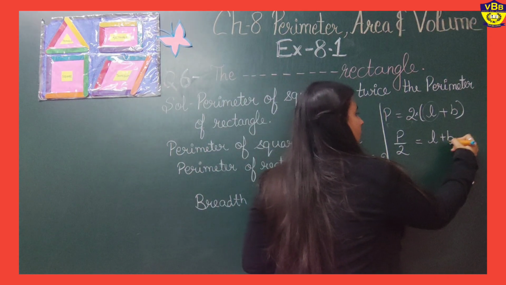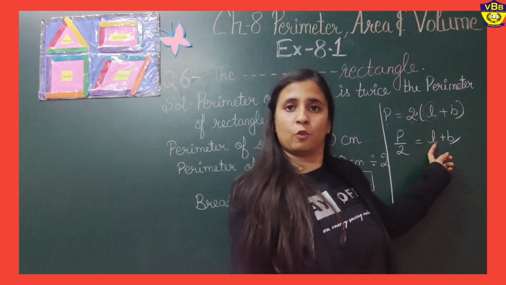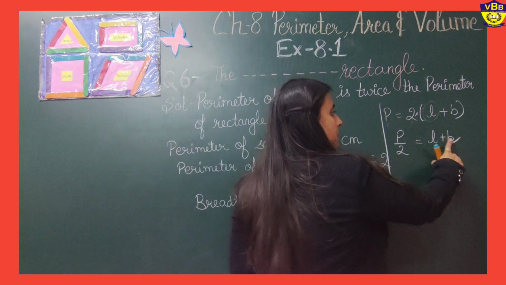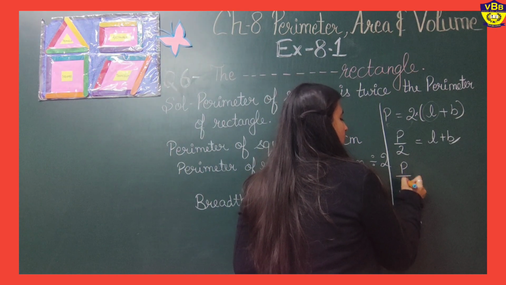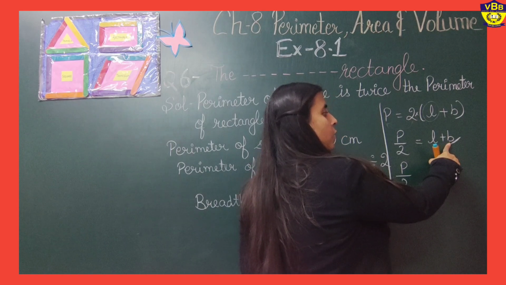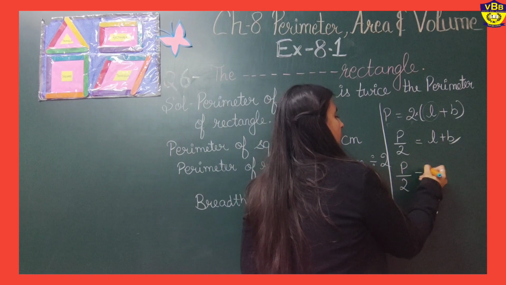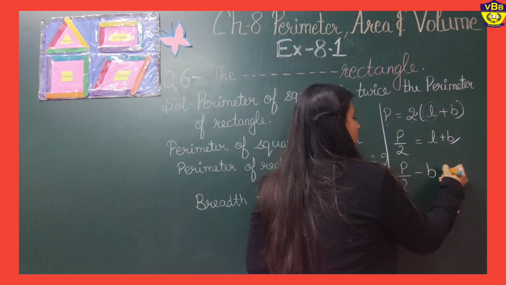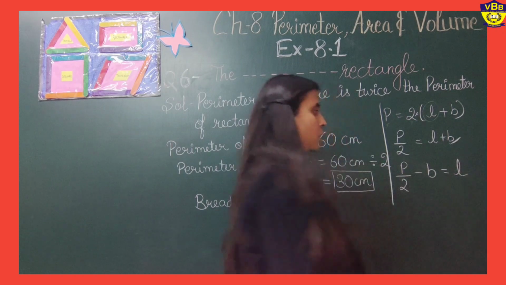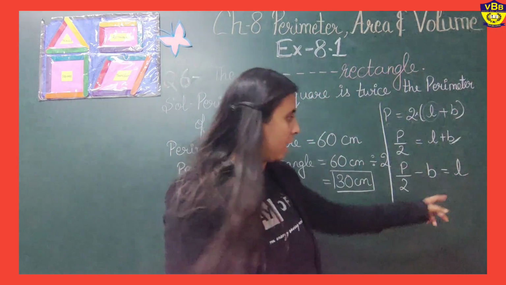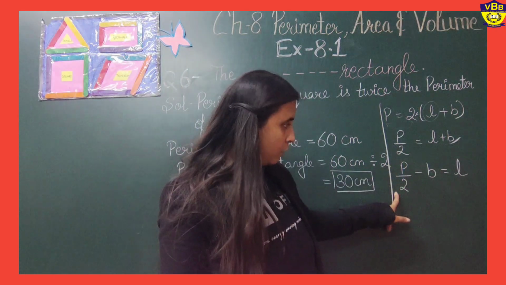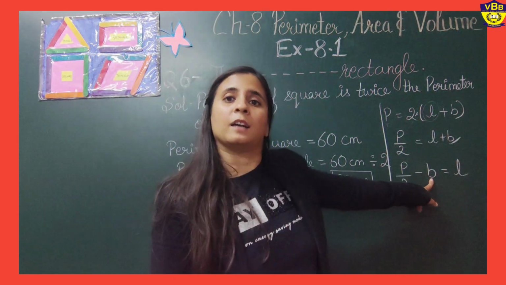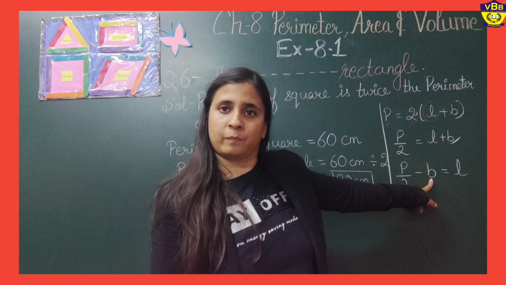B we already know. And what we need to find? L. B is being added here. So this side, if I am going to change the position of B, if it was added here, on this side it will become subtracted. So, to find the value of length, divide the perimeter by 2 and subtract the breadth.